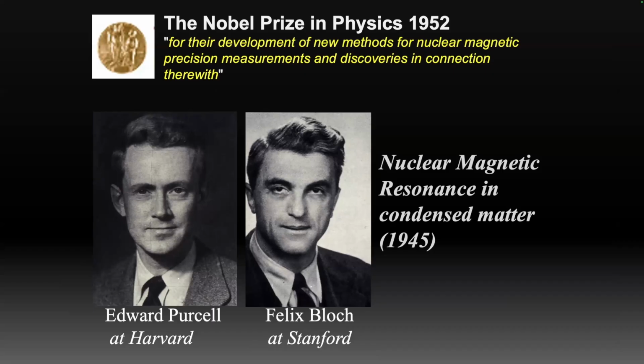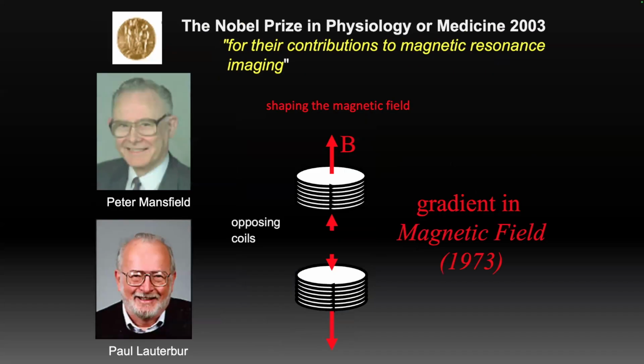And Felix Bloch actually worked with water, and his experiment really is much more akin to what we do today in terms of an MRI experiment. And of course, later on comes the big discovery for our field, namely imaging.